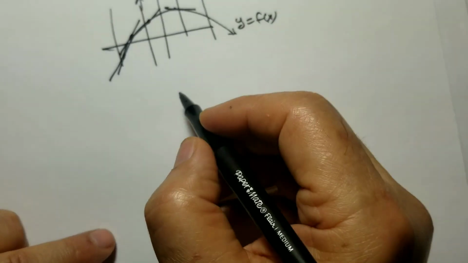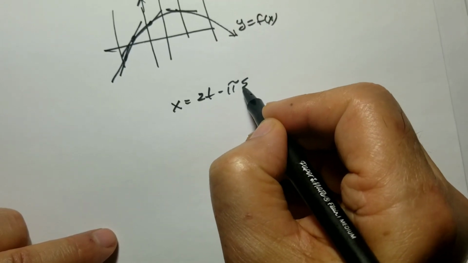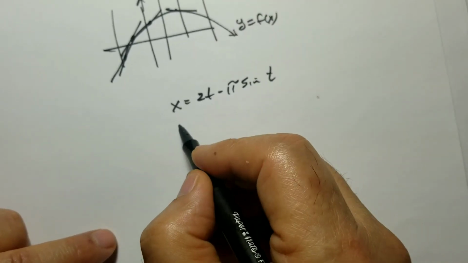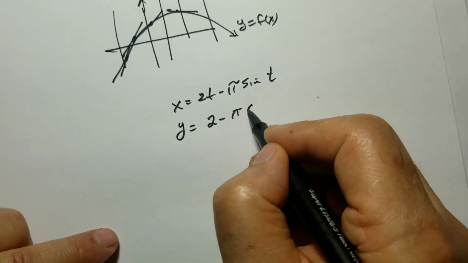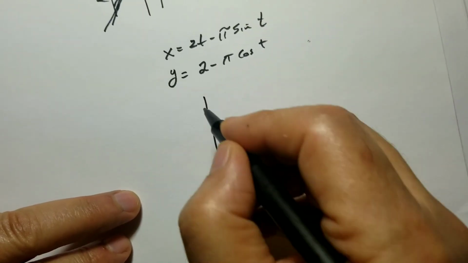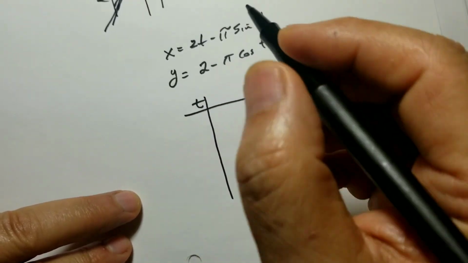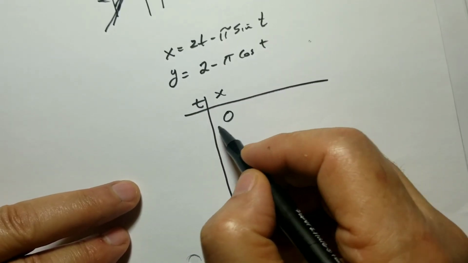Okay, I'm going to say I have x equal to 2t minus pi sine of t, and y equal to 2 minus pi cosine of t. I want to give my plane curve. When t is 0, x is 0.